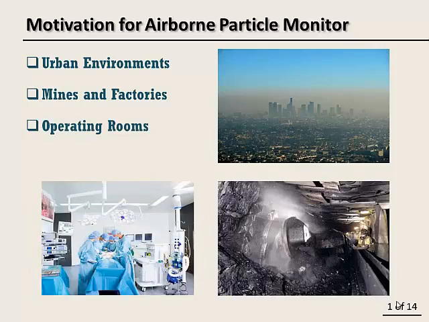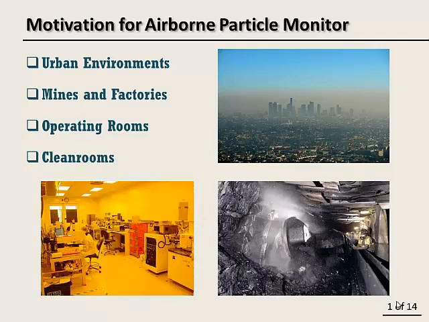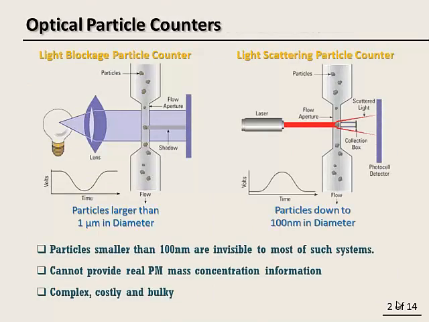Also, the quality of air in highly controlled environments like operating rooms and clean rooms should be kept at some standard levels. Most currently available particle monitoring systems are optical particle counters. On the right you can see a more advanced system that uses scattered light from particles passing through a laser beam. Particles can be detected.